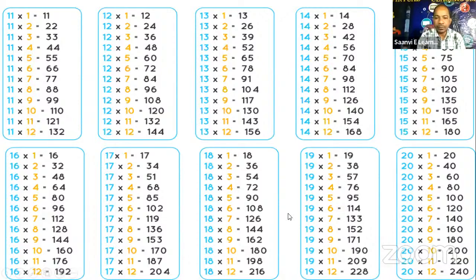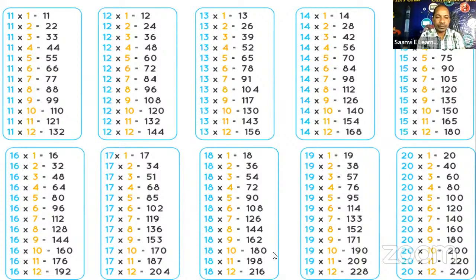Very good, Purneshwar. You are getting confused in telling the 17 table, so today you learn the 17 table perfectly. Write the 17 table 17 times and practice. Okay, sir. Okay, very good. Students, all of you be perfect in tables.